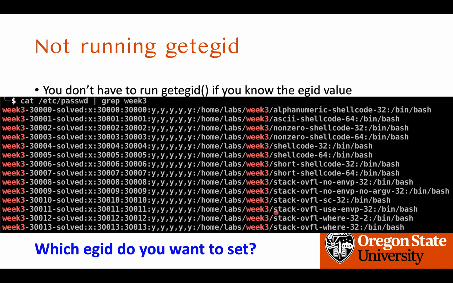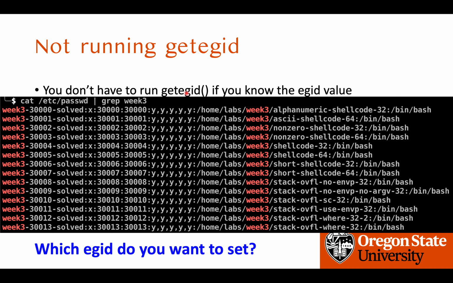But you can remove the call to getegid if you know the exact effective GID value for the escalation. So if you know the expected return value of this system call, then you can put that value directly in your shellcode.